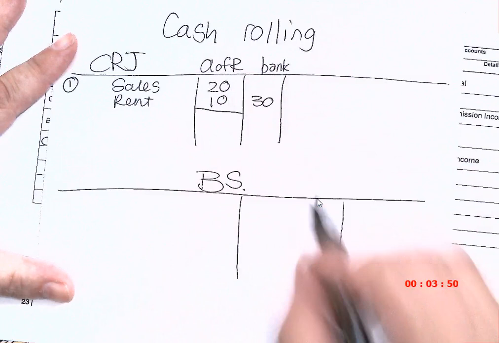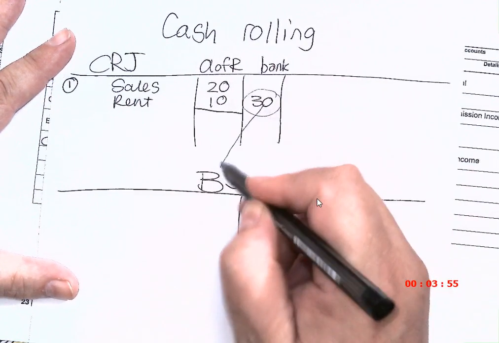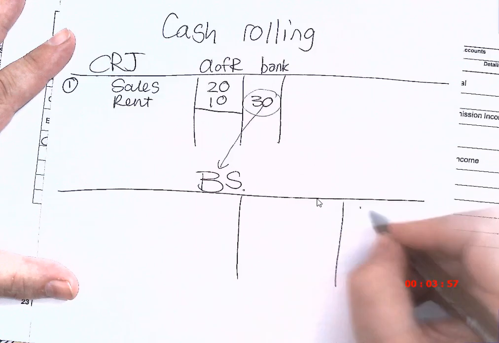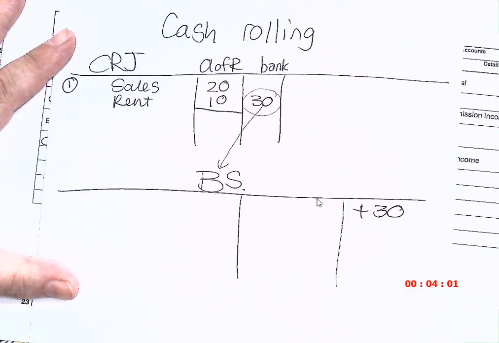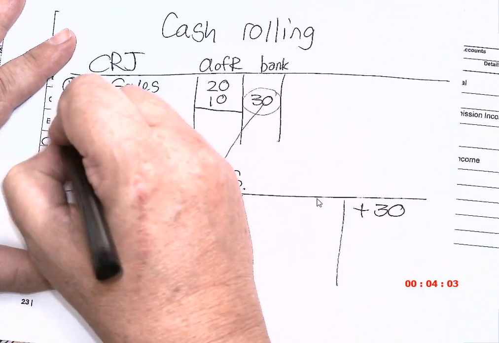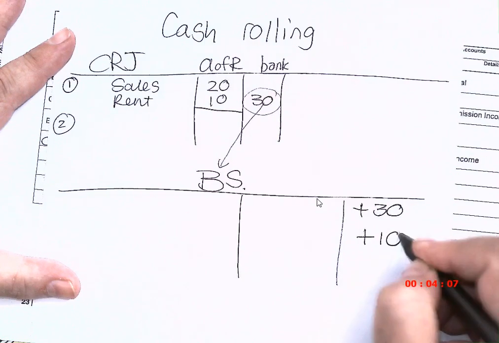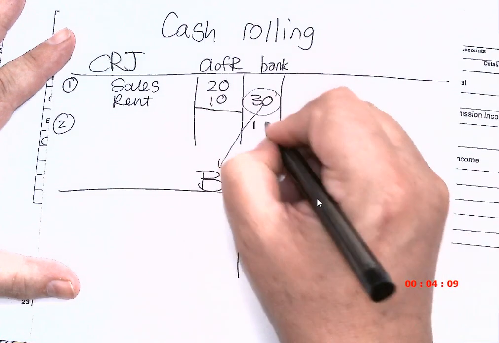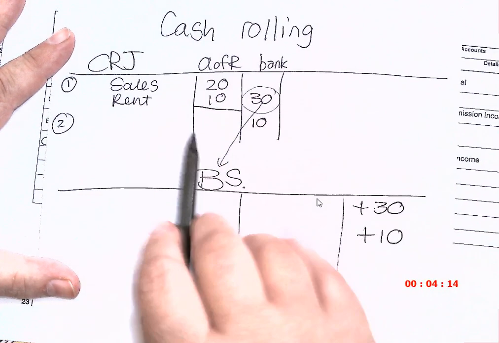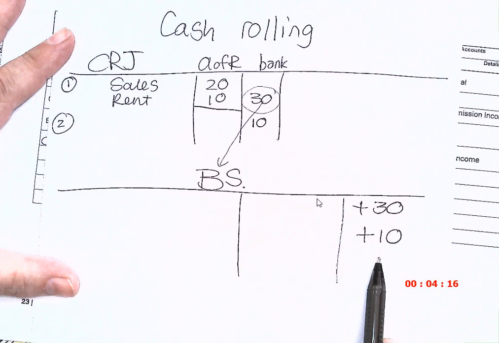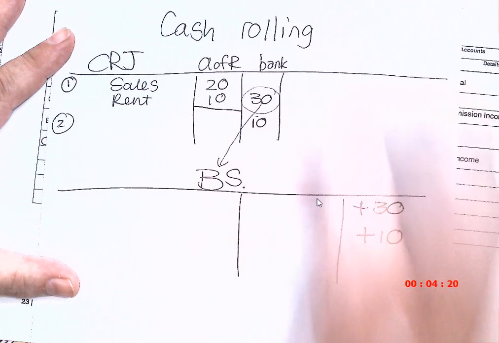I'm physically going to take that 30 Rand to ABSA, and ABSA is going to show it as a plus 30. Next day, maybe there's a direct deposit of 10. So I just put it directly into the bank. It doesn't go through analysis because it was a direct deposit. But can you see, I want to keep my books in sync with the bank's books.